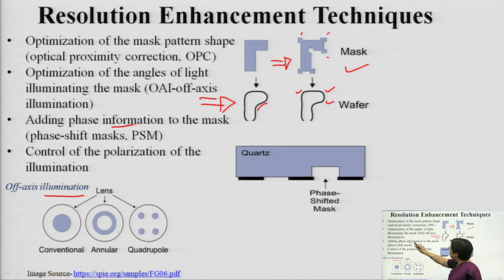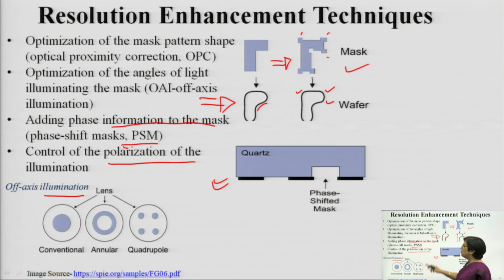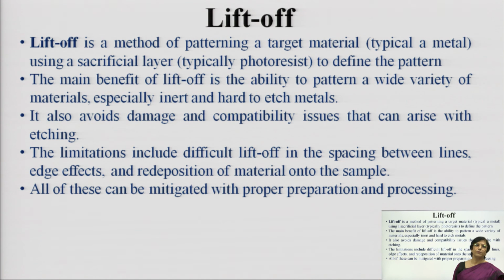Adding phase information to the mask, you can add a phase shift mask. Since there is already going to be a phase shift in the light source, naturally you will add the same phase shift to the mask also, so that the entire mask properly creates the replica of the pattern onto the wafer. Similarly, you can have controlled polarization of the illumination, so that you can have exact pattern transfer onto the wafer.